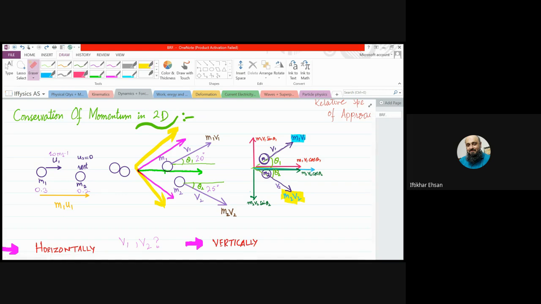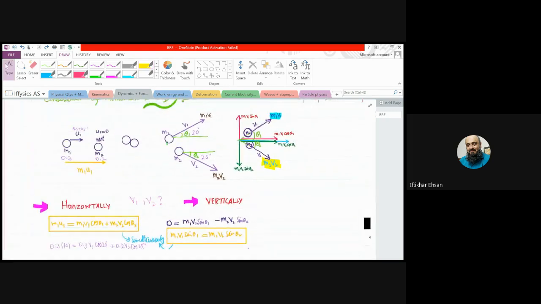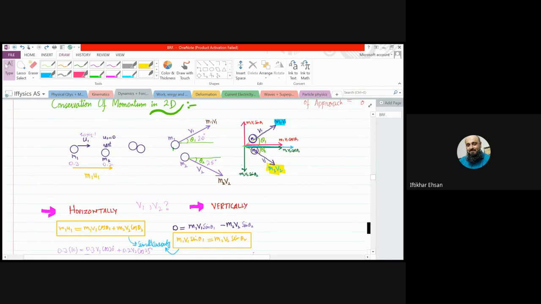So, beta, we will never see both the objects moving in this direction. It will always be like that, right? Clear?